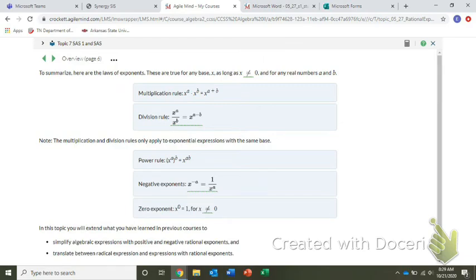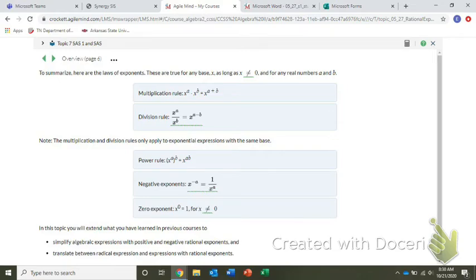Now, if you click the green arrow to page 6, it gives you a summary of what we just talked about. So the multiplication rule, base is the same, you add them. Division rule, base is the same, you subtract them. Note, the multiplication and division rules only apply to exponential expressions with the same base.